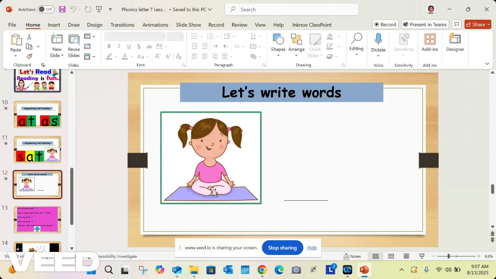Remember, I said I want you to bring your crayons. So draw yourself nicely sitting on the carpet and color, make it beautiful. Use as many colors as possible. Okay, make it a very beautiful drawing and write this word sad on the line.